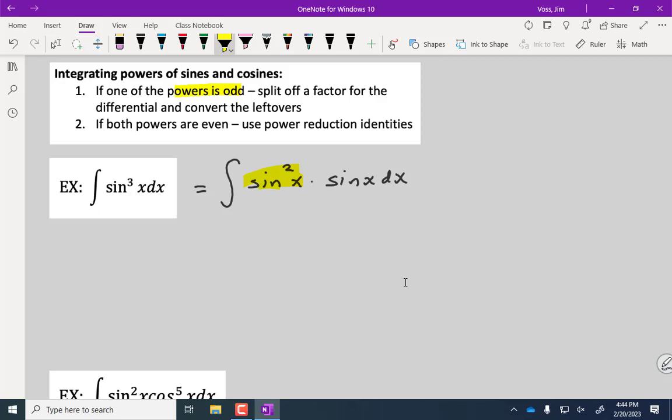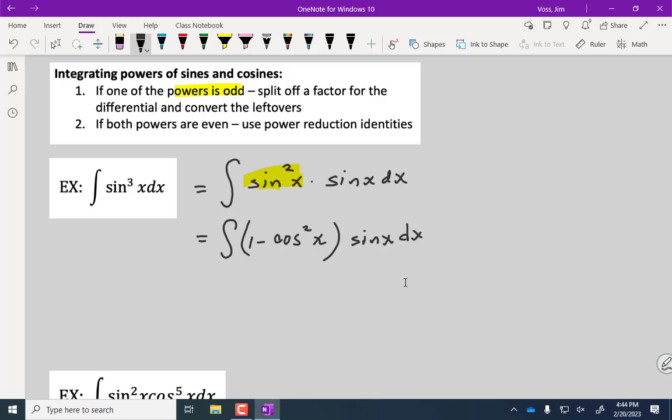These are leftovers. We are going to convert the leftovers to the cofunction, so we're going to convert the sines to cosines.